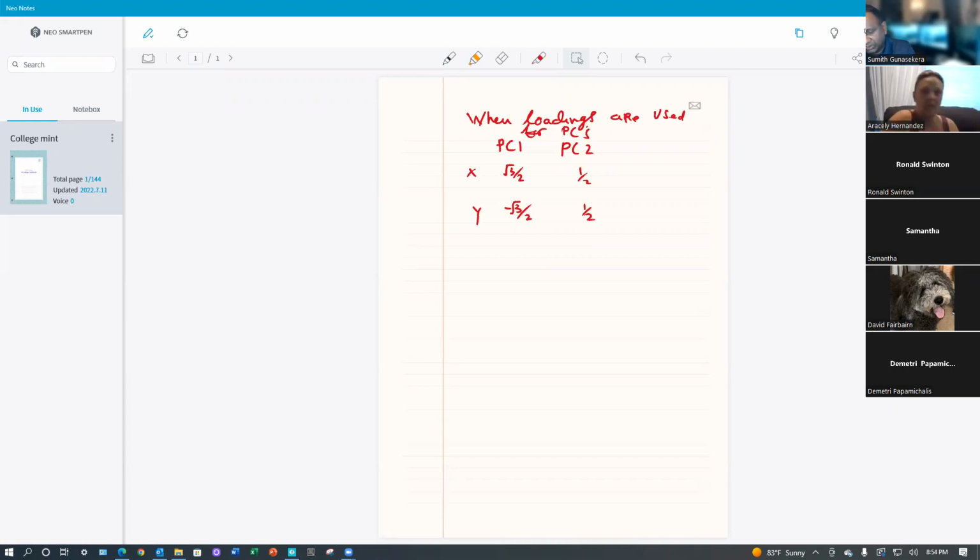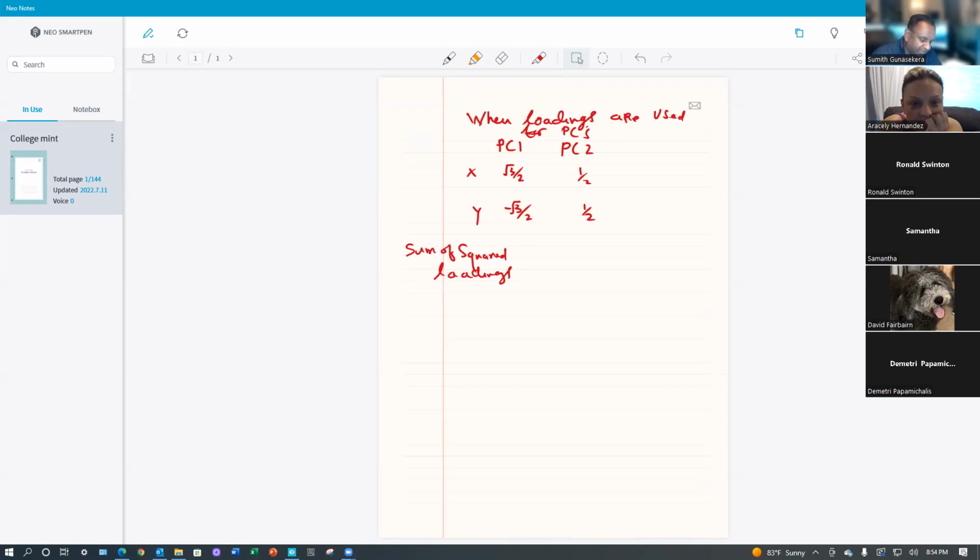With loadings, if you go down the column in each one, these are the sum of squared loadings. How do you get that?